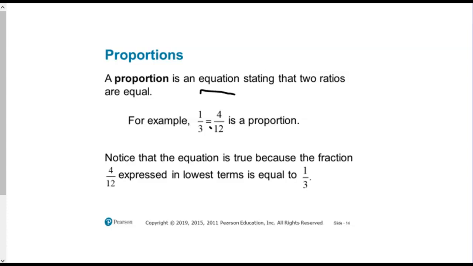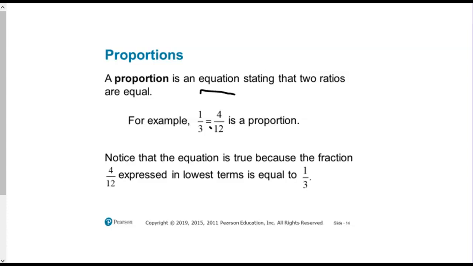And so you can look at something and say that, for example, 1/3 equals 4/12. That's a proportion. You can say that 1/3 of a mix of batter equals 4/12 of a mixture of a larger batter, and the mixture is the same proportion within that batter.